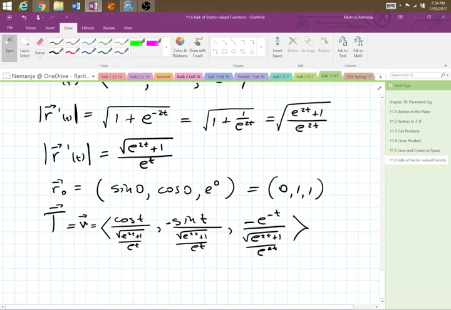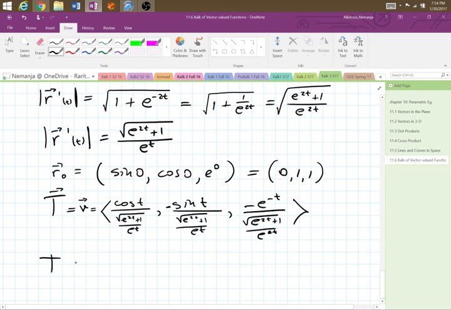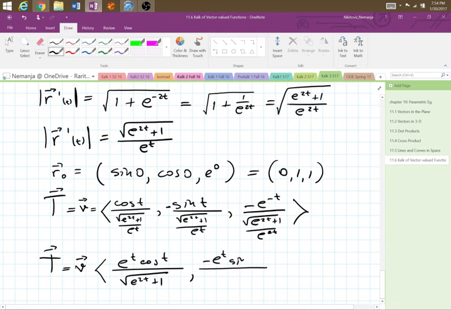So now e to the 2t and e to the t, they go up on top. So we have that the tangent vector, which is our slope v, is e to the t cosine t divided by the square root of e to the 2t plus 1, and then comma, negative e to the t sine t divided by the square root of e to the 2t plus 1.